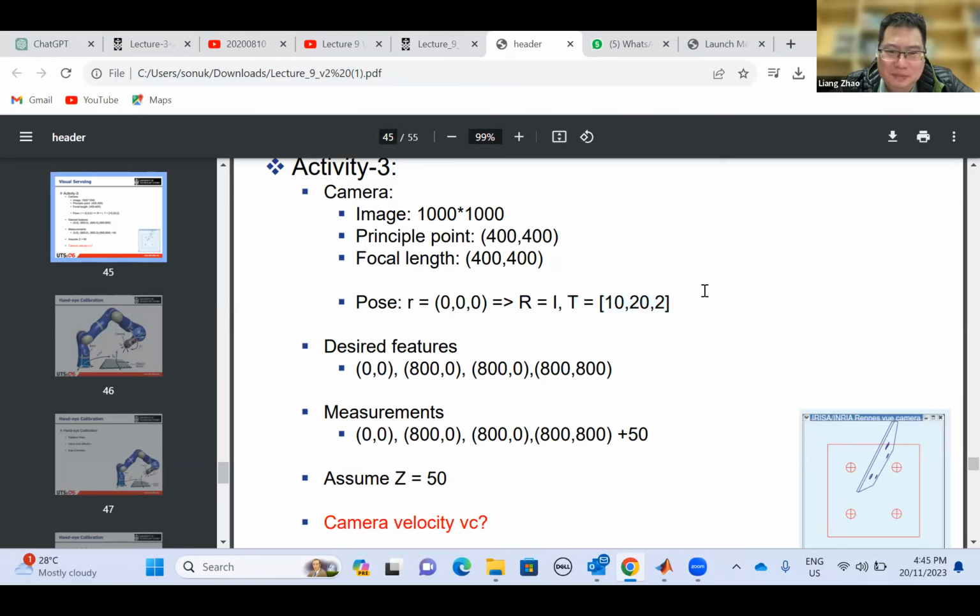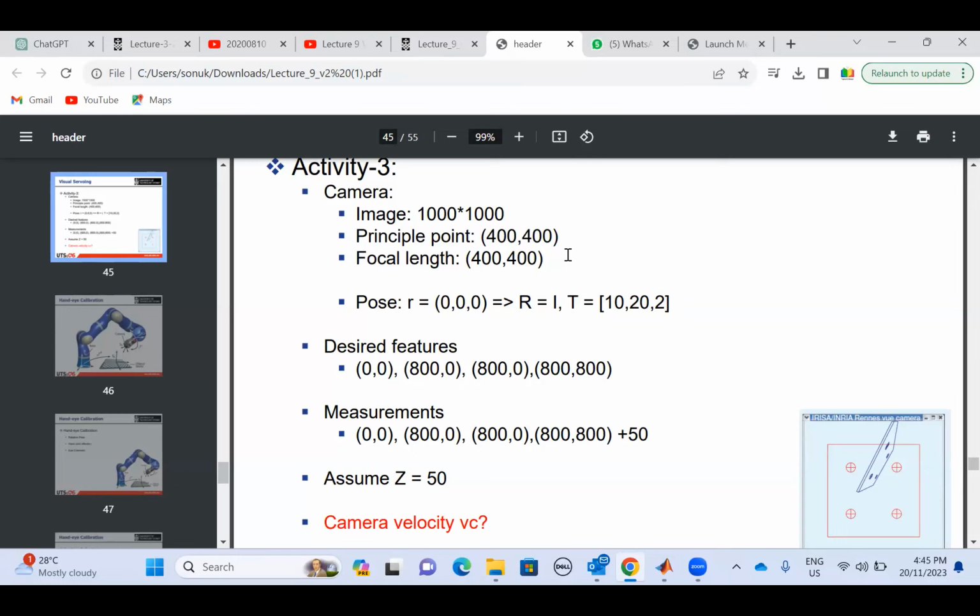Another question is about the hand-eye calibration. In the lecture you told us about the case where the camera is mounted on the end effector, where we do AX equals XB, using the relative pose.